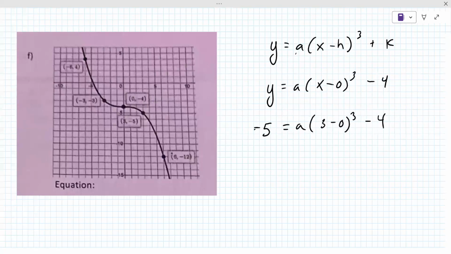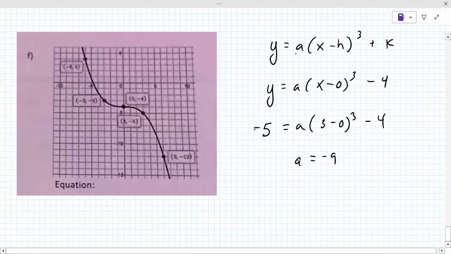All right, go ahead and solve that for a for us, please. A equals -9.